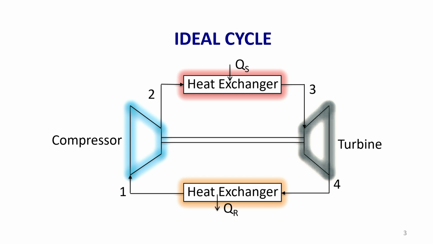Before seeing the ideal cycle, let me tell what is the difference between the actual cycle and the ideal cycle, so that it will be easy for the students to have better clarity. In case of an actual cycle, there are only three major components, that is compressor, combustion chamber and turbine.